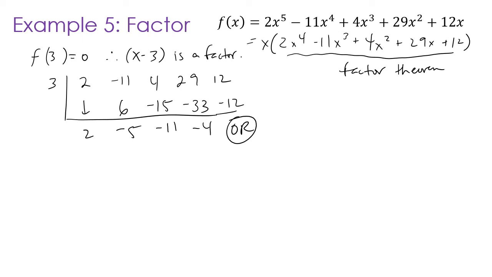However, we've only ever ended up with 3 numbers here. So that's why this is a little bit longer. This is actually 2x cubed minus 5x squared minus 11x minus 4. You're now going to do factor theorem all over again on this, testing factors of 4.